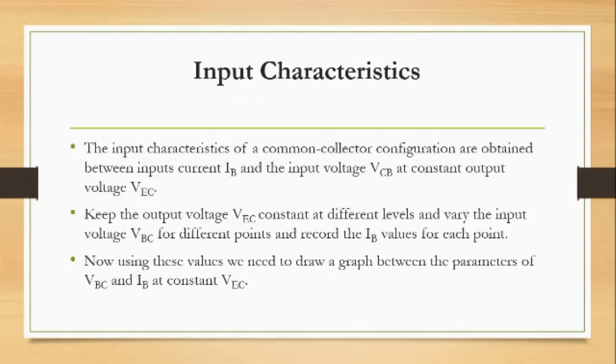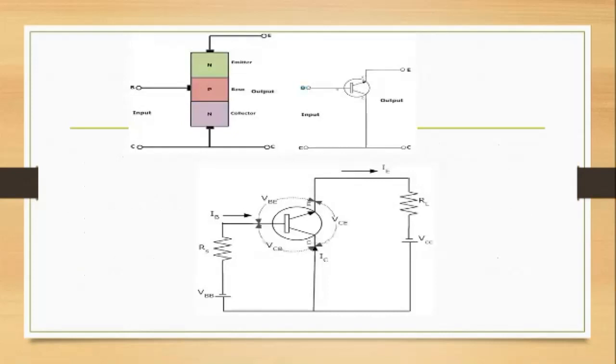For getting the input characteristics, we take input current IB and input voltage VCB at constant output voltage VEC. This VEC is constant.